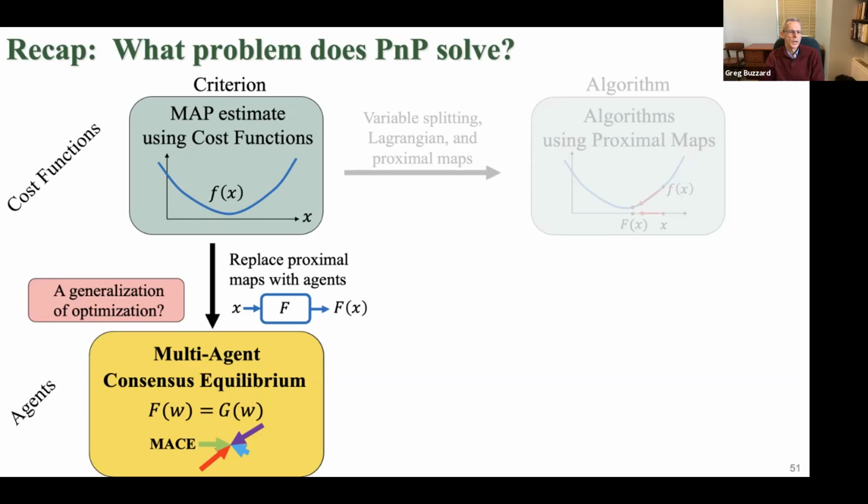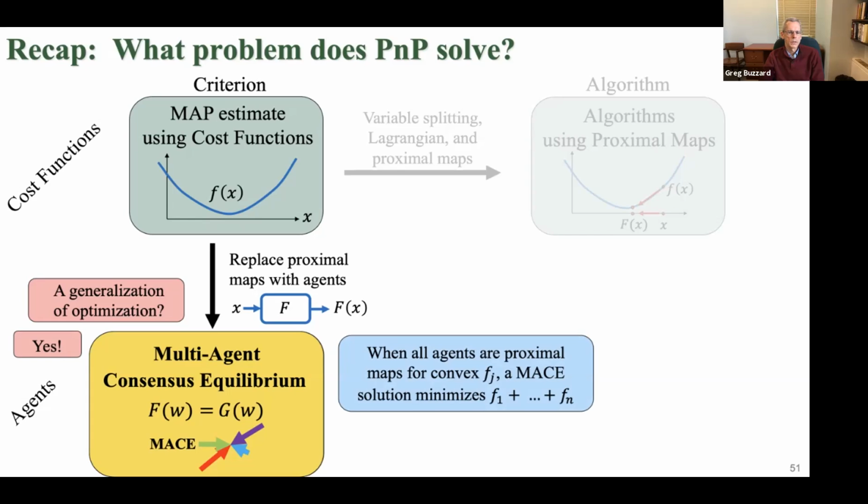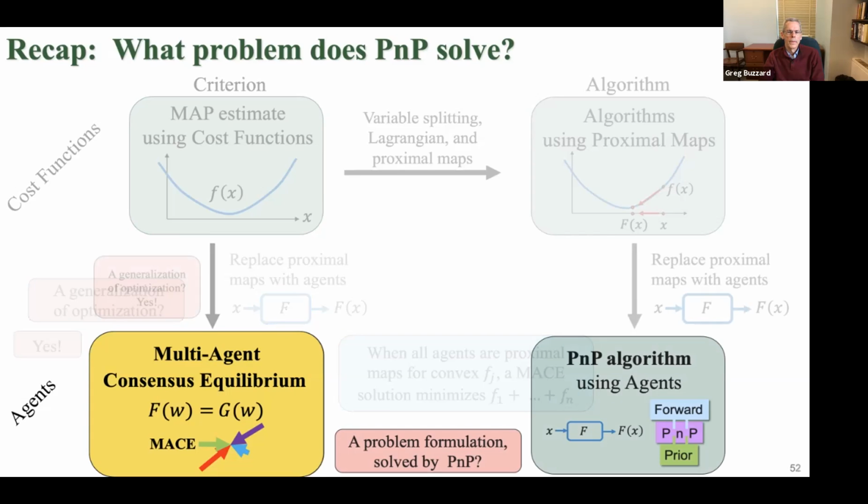We can replace those with agents. And when you do that, you can show that that's equivalent to this MACE formulation. So when all the agents are proximal maps, then the MACE solution minimizes the corresponding sum. So it does generalize in that sense.